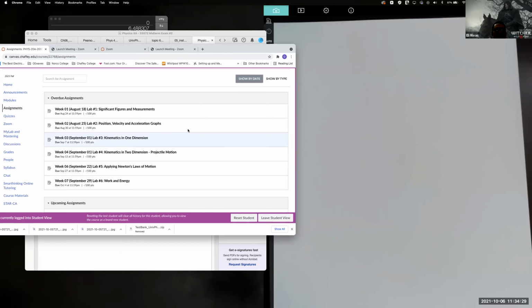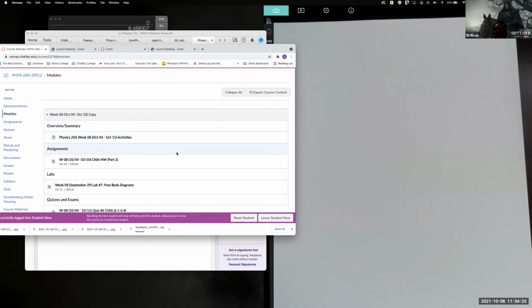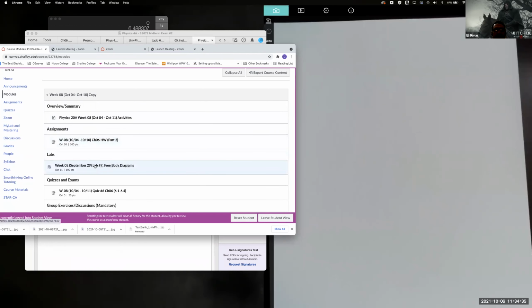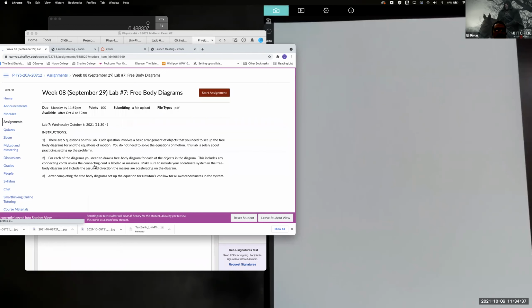I went to modules, and then when you go to modules, it says labs. Clicks labs week 8, free body diagrams, and it says week 8, September 29th, lab 7 free body diagrams, and then it has a Wednesday, October 6th. It says instructions. There are 5 questions in this lab, but it doesn't have anything to click.